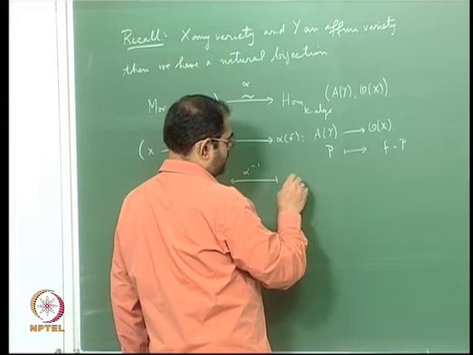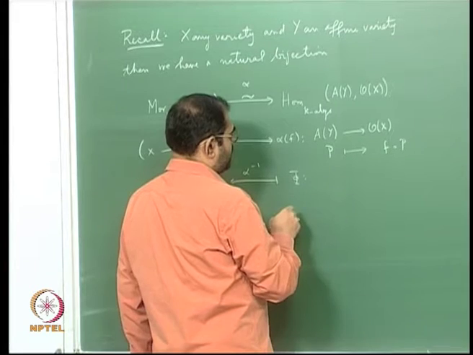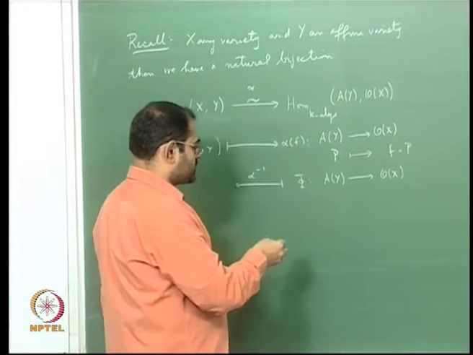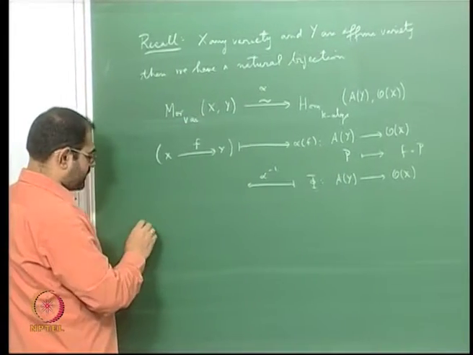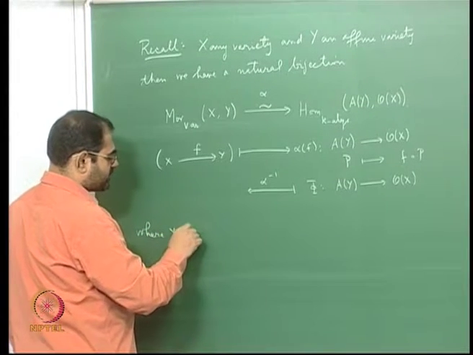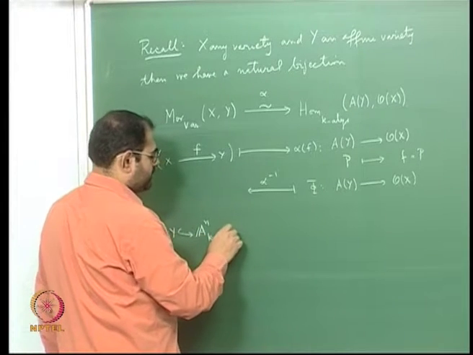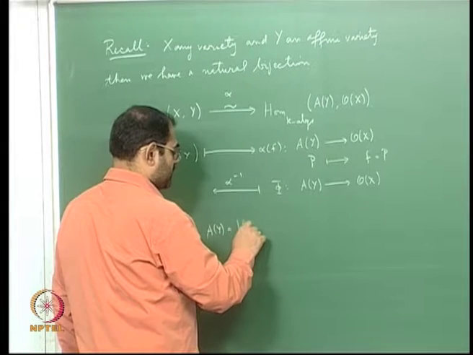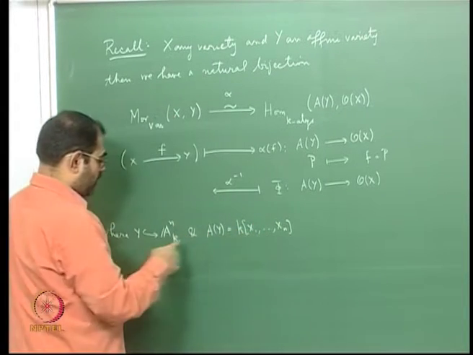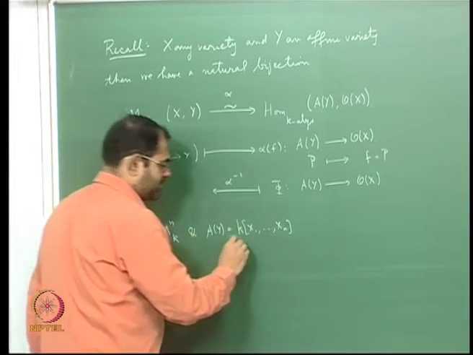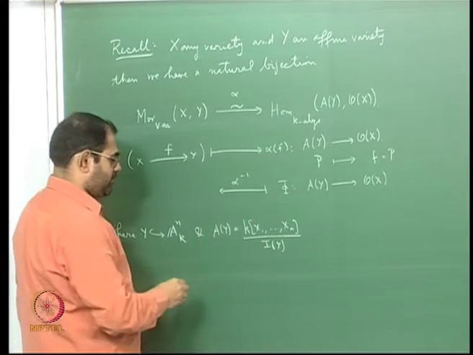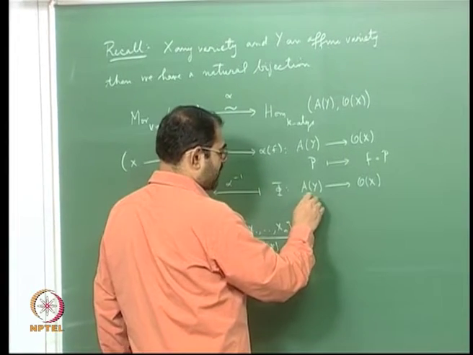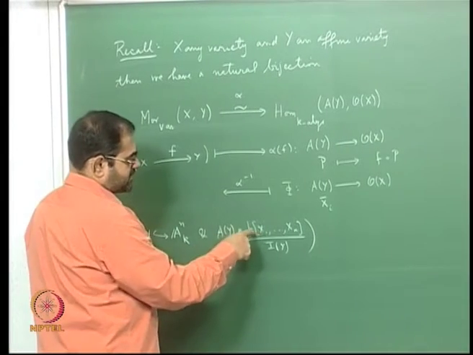Well, give me a K algebra homomorphism phi from A(Y) to O(X), and then you assume that Y is thought of as sitting inside affine space, and A(Y) is just identified with K[x1, ..., xn], which is the polynomials on the affine space, the xi being the coordinate functions, divided by the ideal of Y. And so what you do is that you just take the xi bars, which are elements here, they are the images of xi in this quotient.